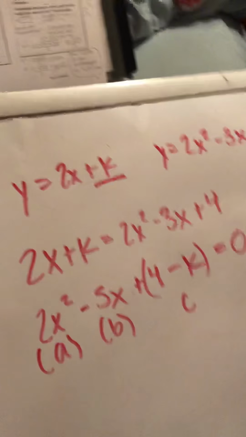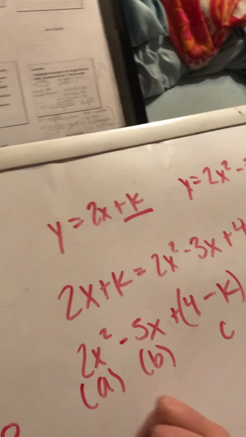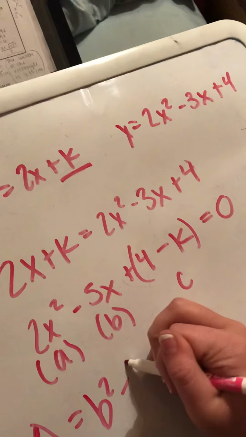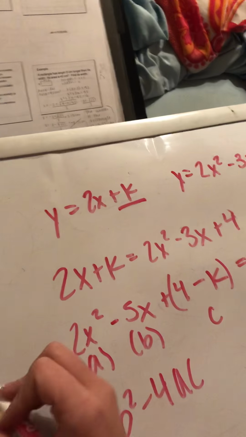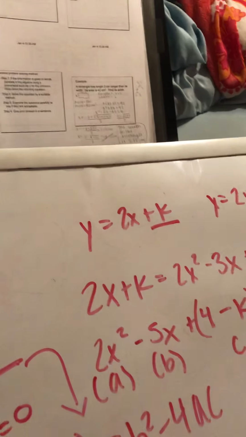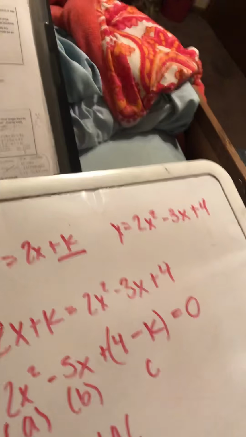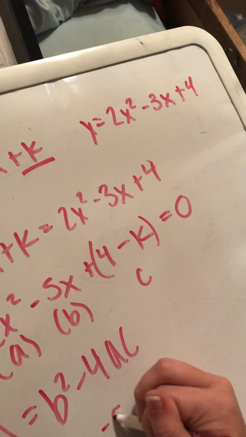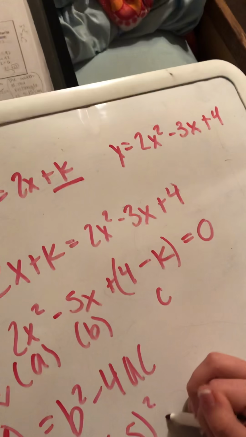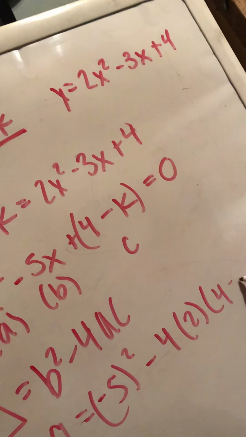Okay, so if you remember, your discriminant equals b squared minus 4ac. If you know that this is a tangent, you know that it equals 0. So you have 0 equals b squared minus 4 times a times c.